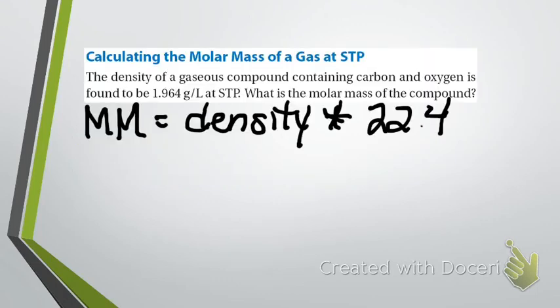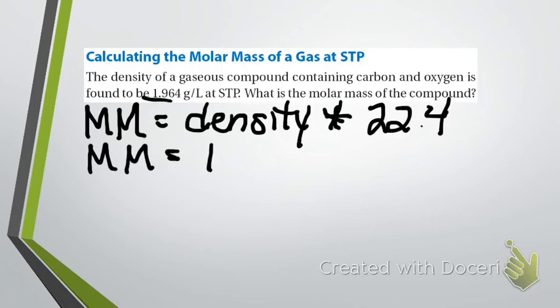Let's practice that. The density of a gaseous compound containing carbon and oxygen is found to be 1.964 grams per liter at standard temperature and pressure. What is the molar mass of the compound? So we have to find molar mass. That's our variable. We have our density.